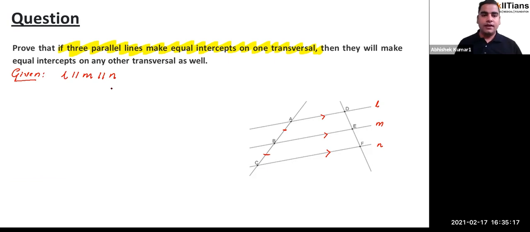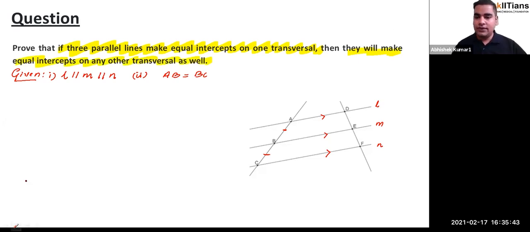Apart from that, what are we provided? The second thing we are provided is that it is making an equal intercept on one of the transversals, that is, you have AB equal to BC. These two things are given to us. If this is provided, then they will make equal intercept on any other transversal as well. What do you have to show?